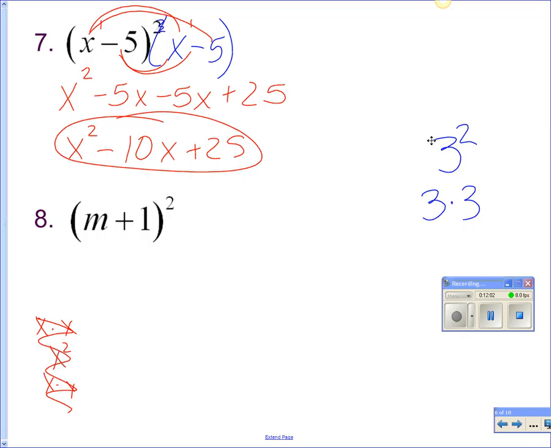Okay. All right. What do we have to do when we see a 2 out here? Mark it out and write it again. M plus 1 times M plus 1. Okay? All right, Andrew, help me with this one.